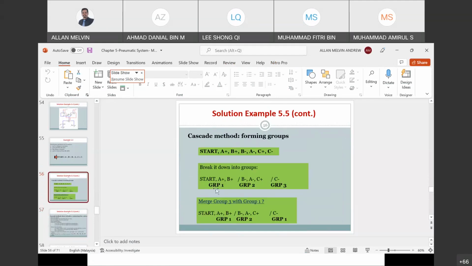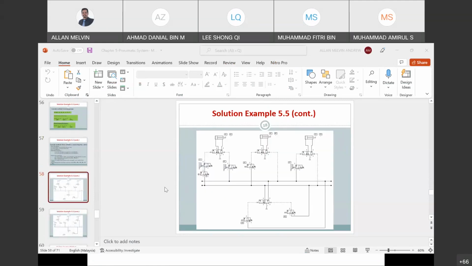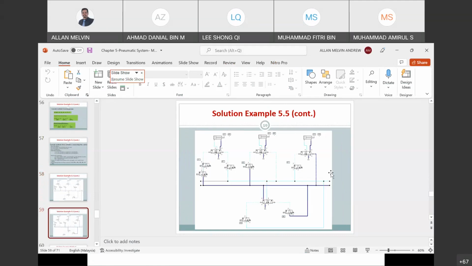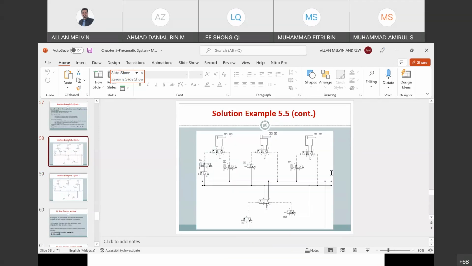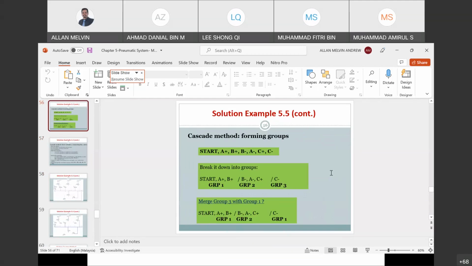Sequence ni. So tengok ada 3 group. Group 1, group 2, group 3. So dekat sini dia cuma ada example 2.